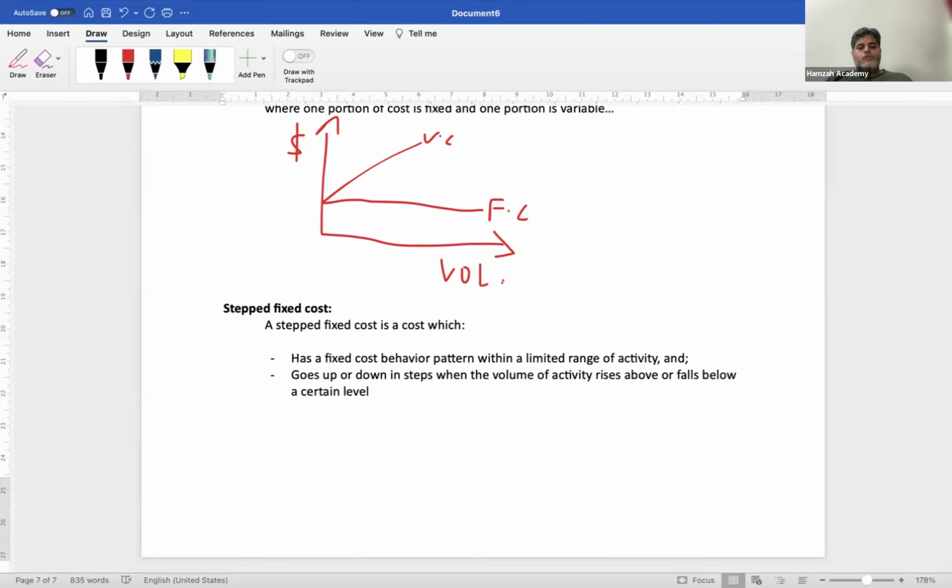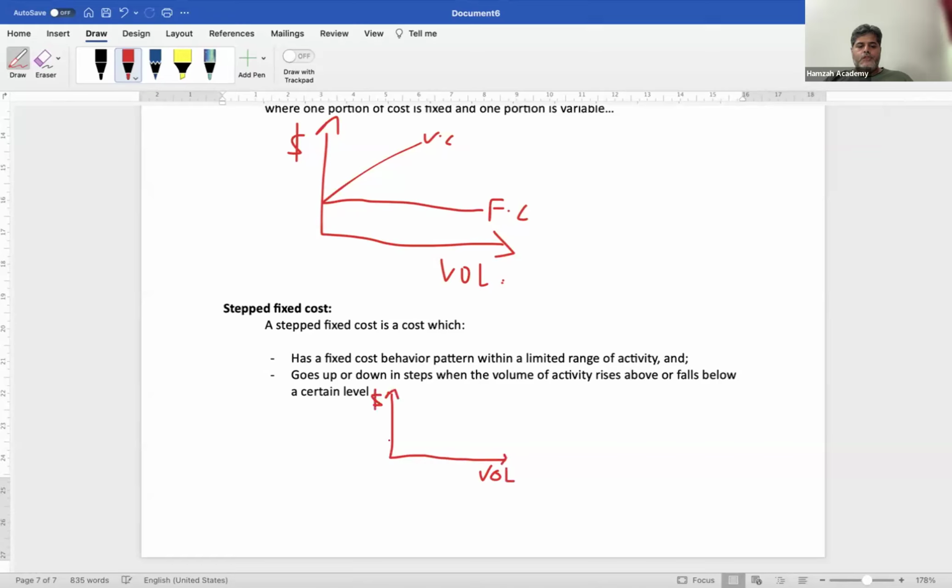So step fixed cost is basically which has a fixed cost behavior pattern, and that is for a particular level, right? For a certain level. But after that level, it either goes up or it goes down depending upon the level of activity. For example, if this is the volume over here, this is the amount over here.